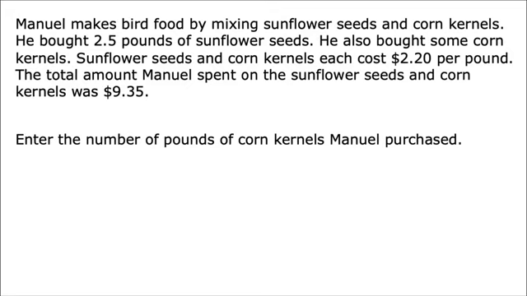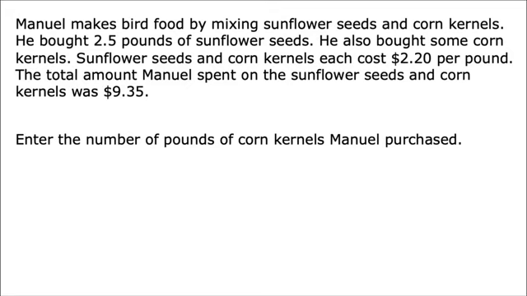Sunflower seeds and corn kernels each cost $2.20 per pound. The total amount Manuel spent on the sunflower seeds and corn kernels was $9.35. Enter the number of pounds of corn kernels Manuel purchased. I'll let you pause the video and work on this problem.